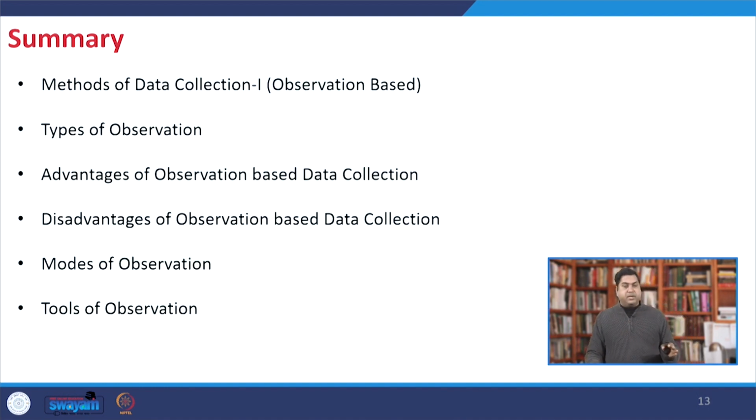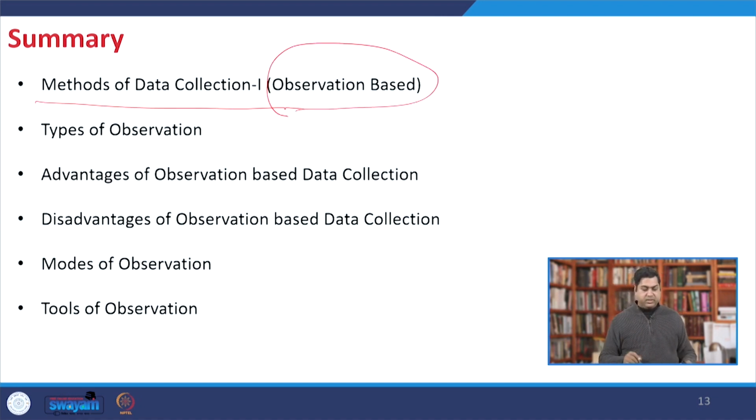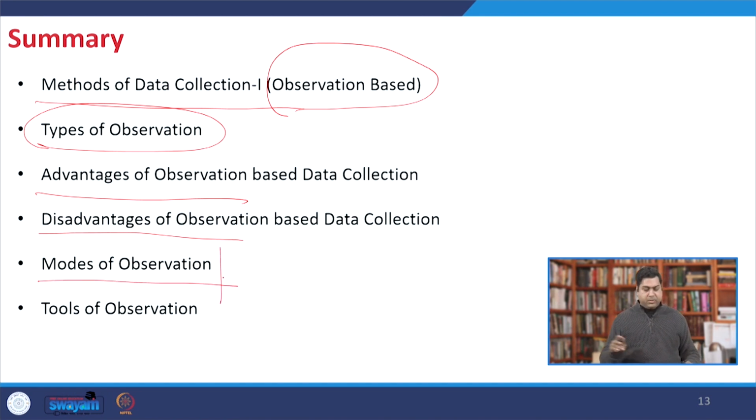So, here we summarize this lecture, where we discussed methods of data collection, and then observation-based data collection, different types of observation: direct, indirect, participant, non-participant, and advantages and disadvantages, where we discussed both. We also discussed different modes, like naturalistic, structured, or open-ended. In such cases, you can observe the information without taking any participatory approach from the subjects.